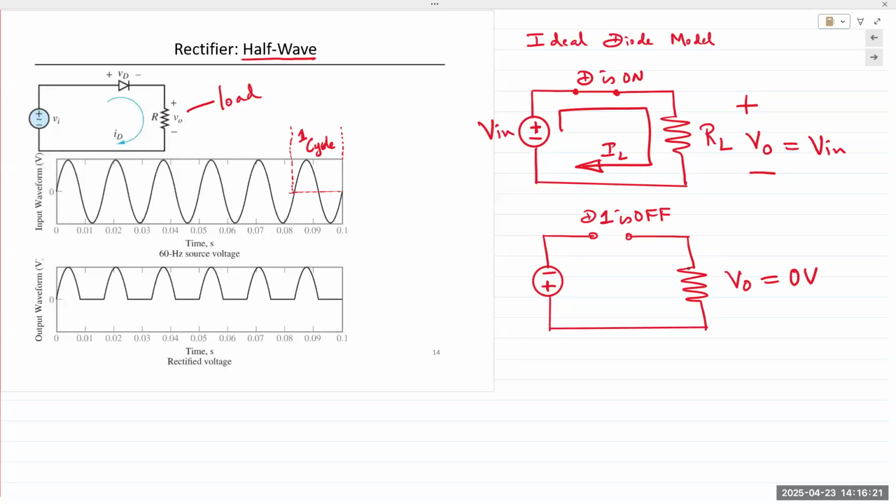So if we plot the waveform, this is the input waveform, this is the output waveform, and this time period is for a 60 hertz sine wave, which is our power outlet.